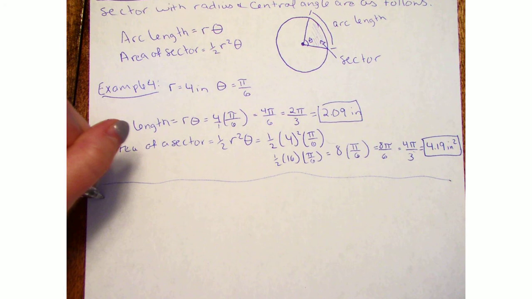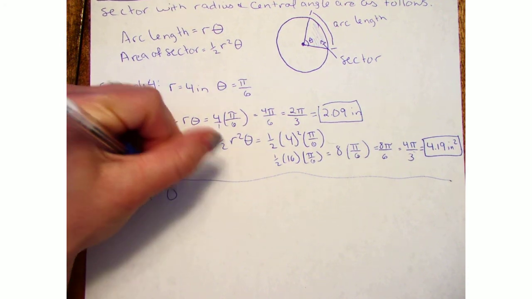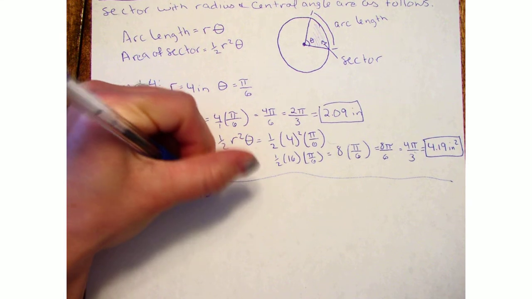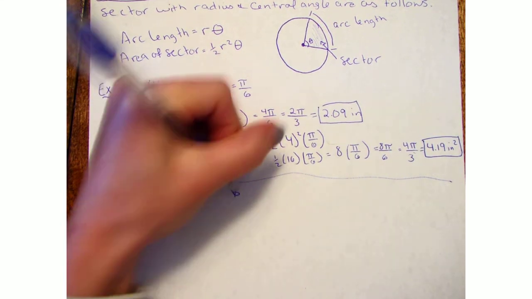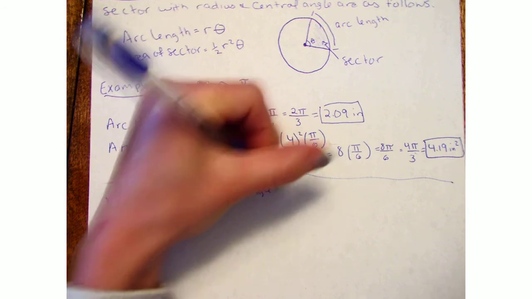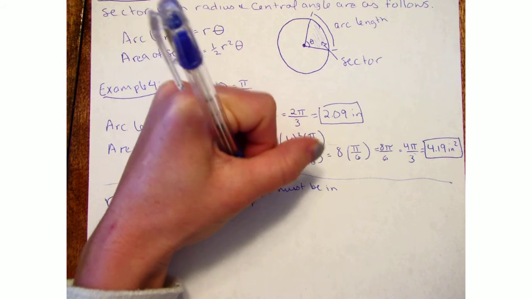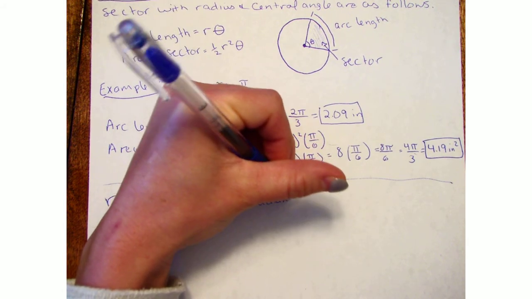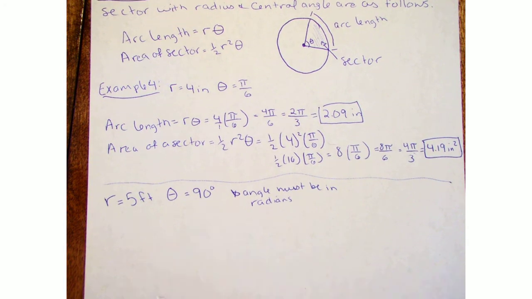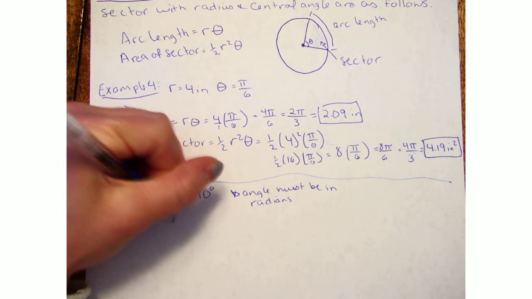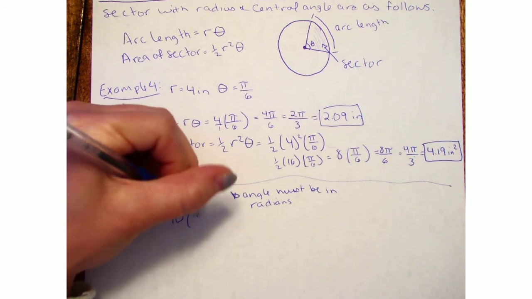So now we have the radius is 5 feet. And theta is going to be 90 degrees. So remember, that always has to be in radians. Angle must be in radians. So remember from yesterday, when you were given 90 degrees, in order to turn 90 degrees into radians, you needed pi on top.